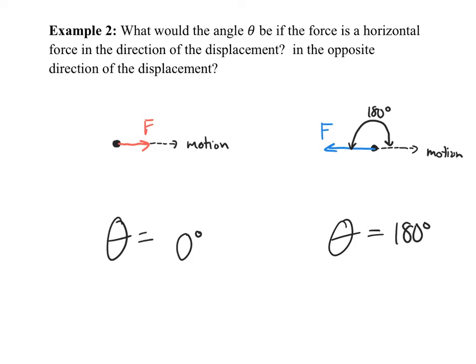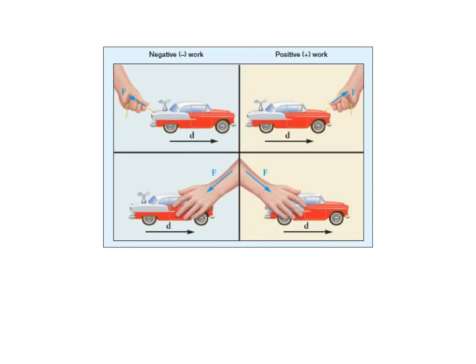So the car drives and hits the wall. Which way does the wall push? Which way is motion, though? So what kind of work does the wall do? Negative work. So when the applied force acts opposite motion, you're doing negative work. We see that on the next slide, summarized nicely for us.